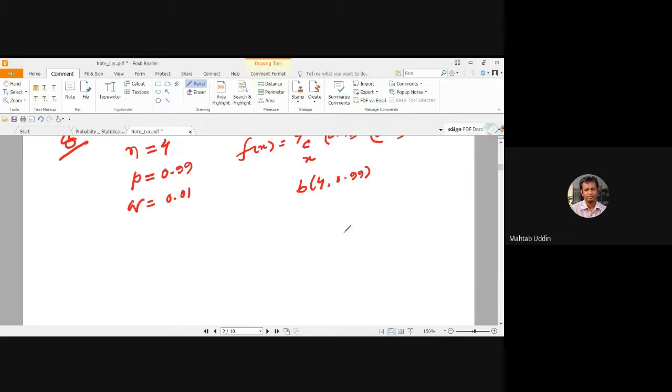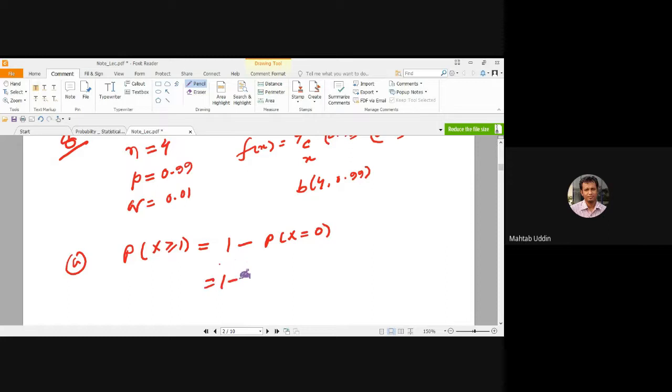Now, A: at least 1 is opening, so x greater than or equal to 1. If we want to find at least 1, we have to calculate x equal to 1, 2, 3, 4. Though this is valid, and possible because calculating 4 probabilities doesn't matter at all, we will use a simpler way. Taking the complement, 1 minus P(x equal to 0).